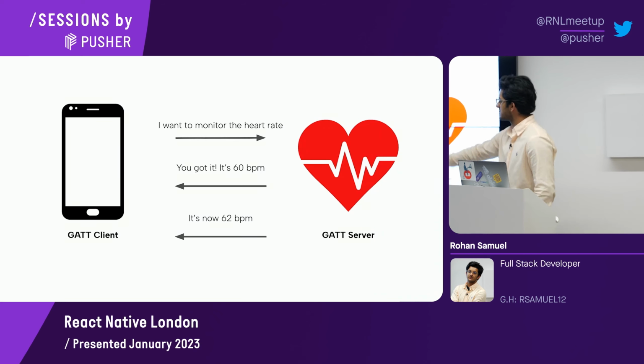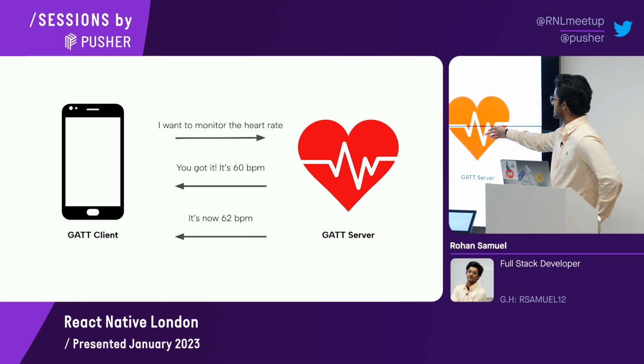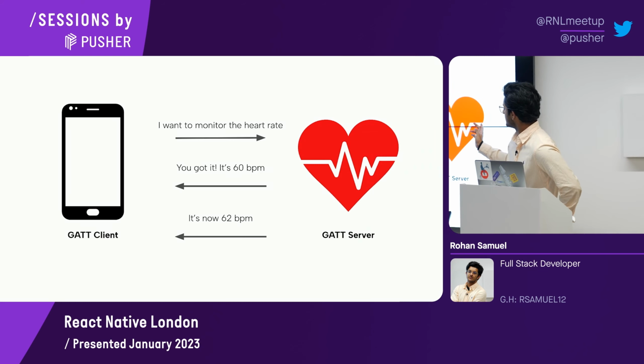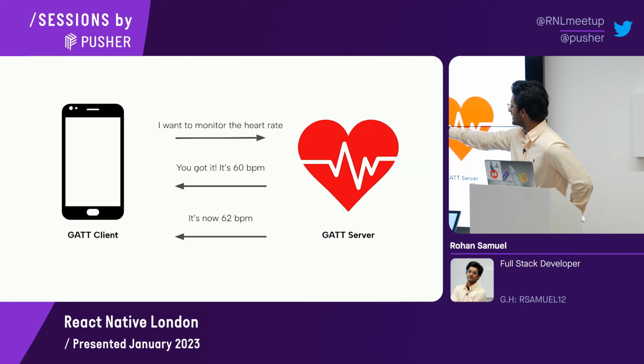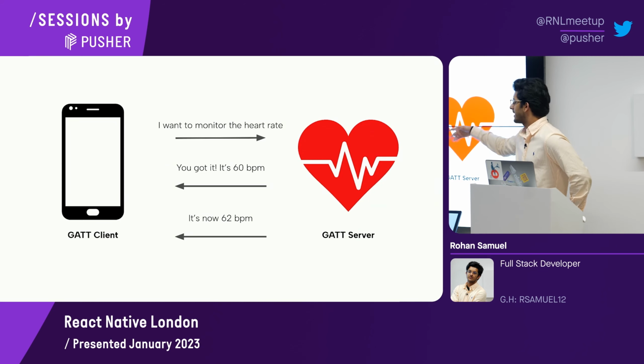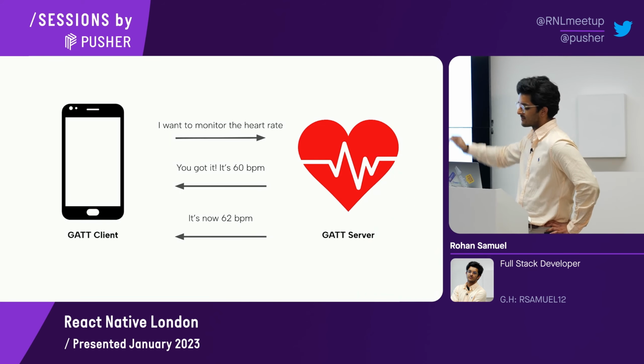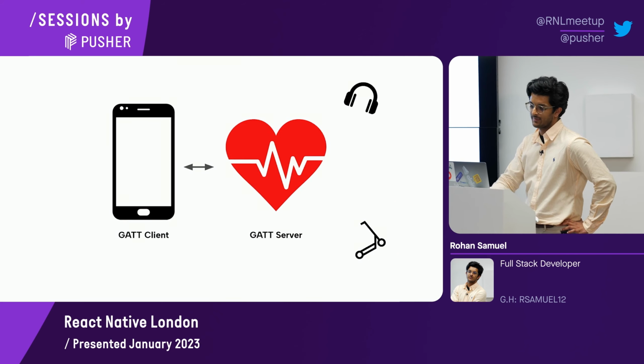In this case, the smartphone would want to monitor the heart rate. Once it says it wants to monitor, the heart rate monitor would send off the heart rate measurement at that time. And if any updates are made on the heart rate monitor, it'll send that straight to the client, as long as the listener is still active, unless the client destroys it.